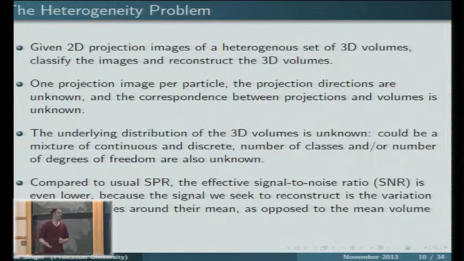So the challenge in the heterogeneity problem is that, compared to conventional single particle reconstruction, we have to solve this problem at a much, much lower signal to noise ratio. So we may need lots and lots of images, much more than we use for classical SPR.